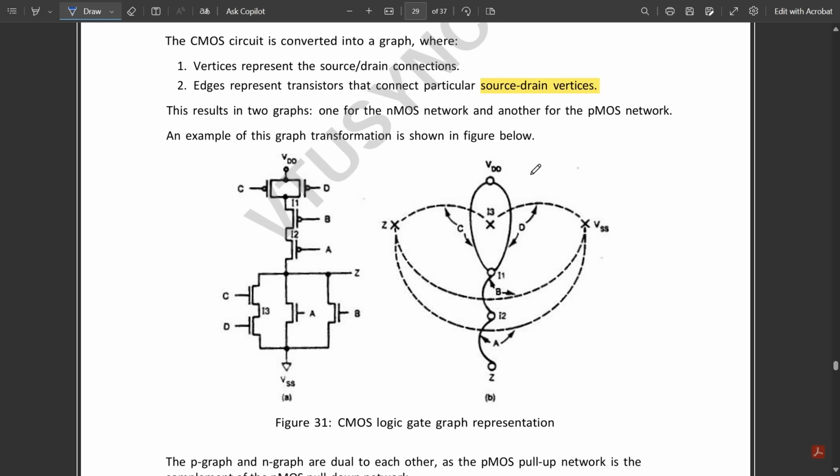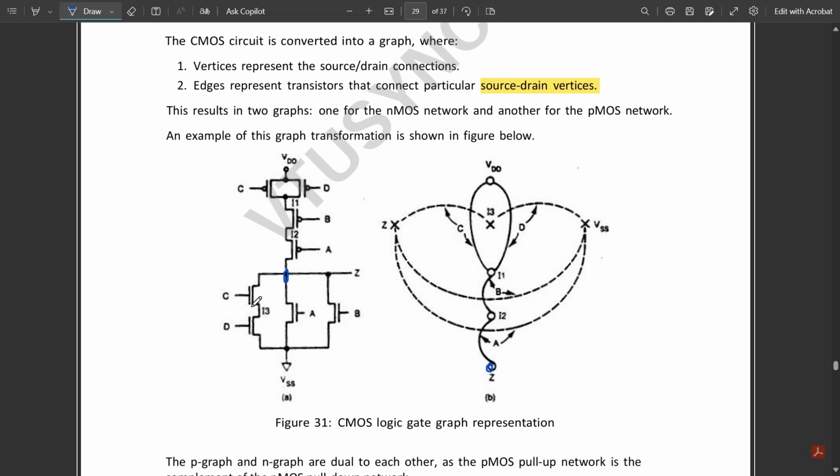PMOS is represented using straight, bold lines, and NMOS is represented with dotted lines. Here A and B are in series, so from this point to this point they have connected these two lines in series, until Z. Z is the point where we check the output. And this is for PMOS.